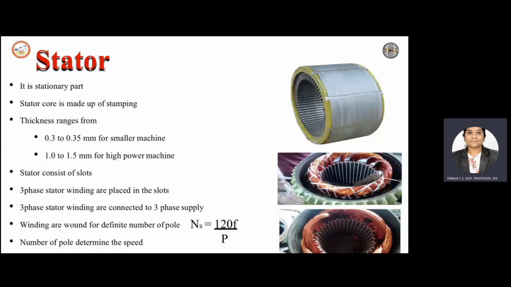The thin laminations would be 0.3 to 0.35 mm for smaller machines, and 1 to 1.5 mm for higher power machines. It consists of slots where the armature windings are placed.